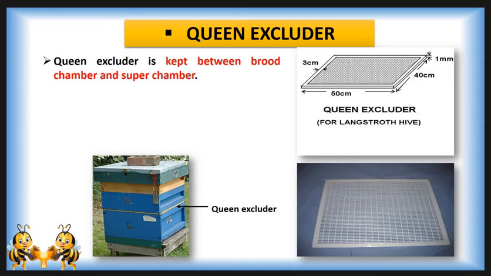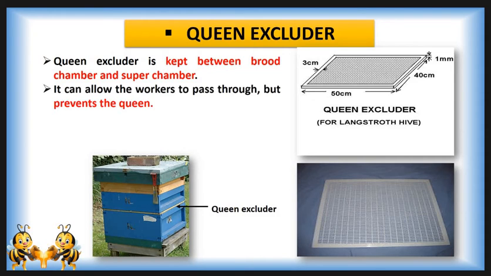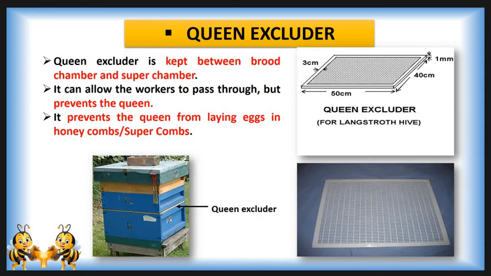The queen excluder is kept between the brood chamber and the super. It allows the workers to pass through but prevents the queen. It is useful to keep the queen in the brood chamber. It prevents the queen from laying eggs in the honeycomb or super chamber.